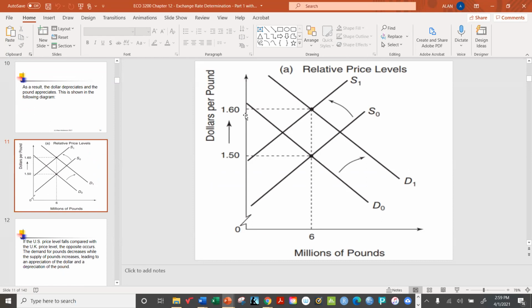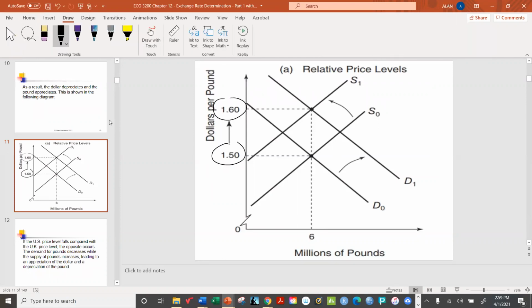So therefore, the supply of the foreign currency drops, and the net effect is an increase in the exchange rate, in this case, dollars per pound, which indicates the dollar has depreciated against the pound. Okay, so we have a weaker currency because our prices are rising faster than they are in the UK.